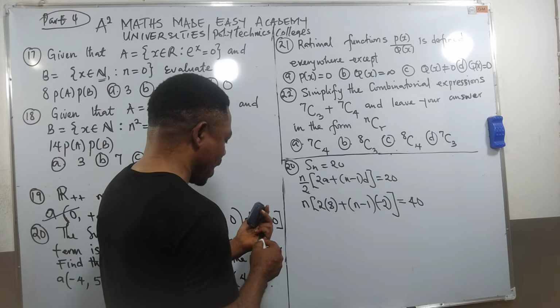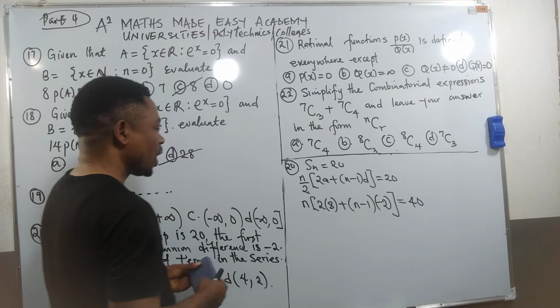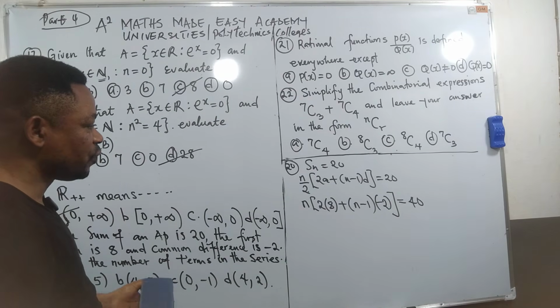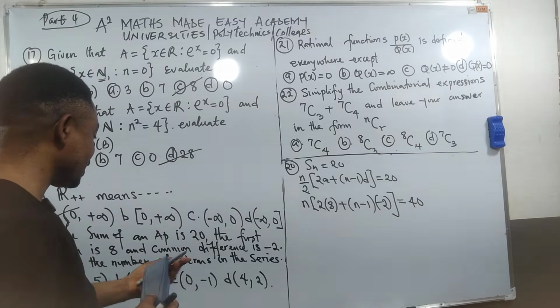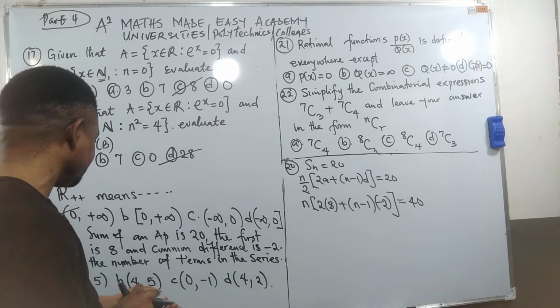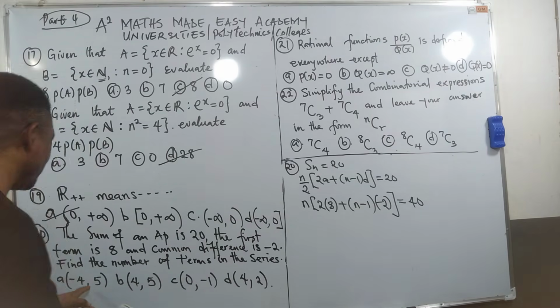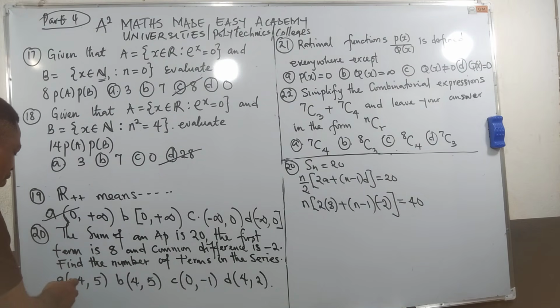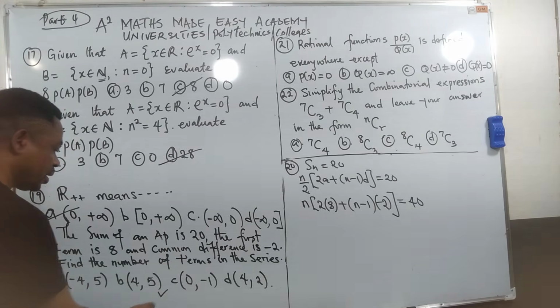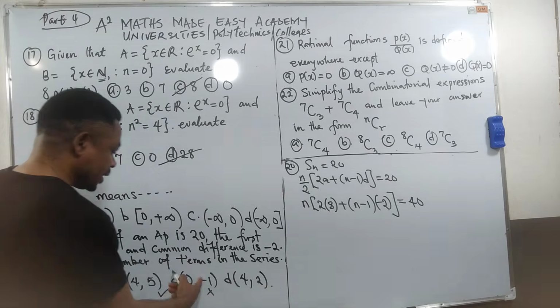Now we are going to apply the calculator method. If you wish, we can do it fast and the answer will appear. Now, watch this: it cannot be negative, because the number of terms can never be negative. So the answer could be B. It cannot be C because that is negative.